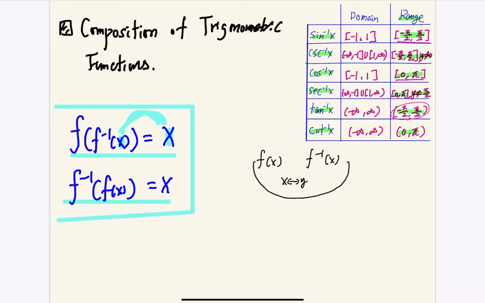And f inverse of f of x, also a composite function in the other order, is also equal to x, which is the same as the original x.